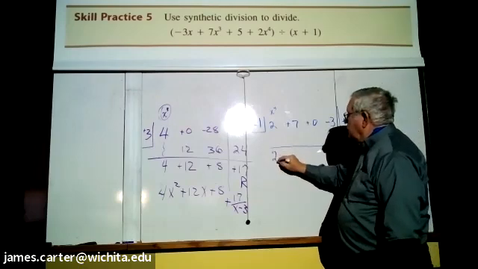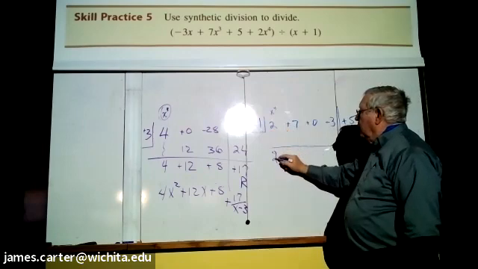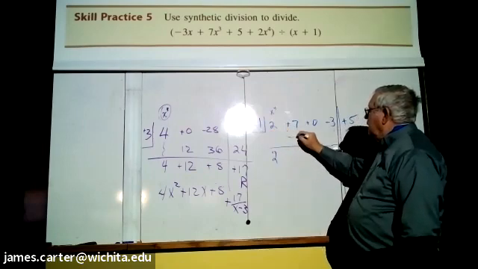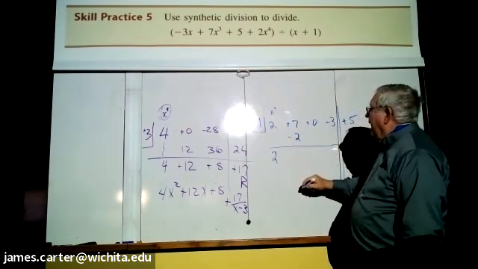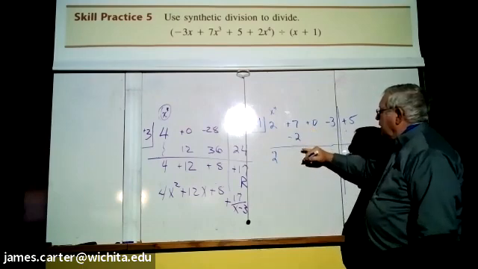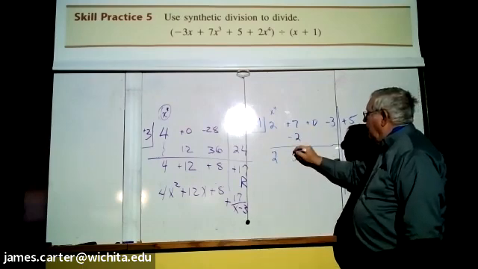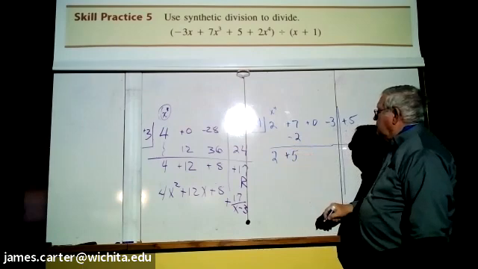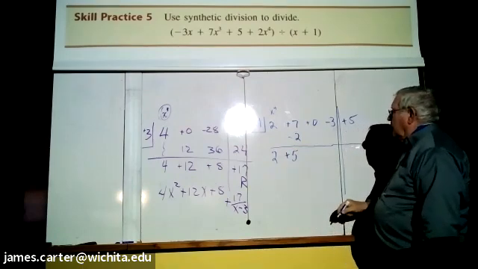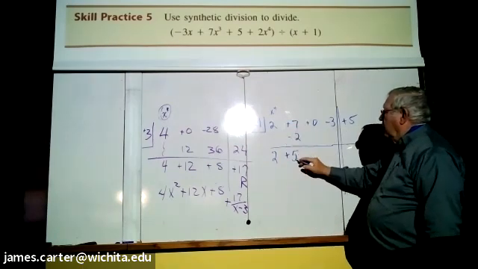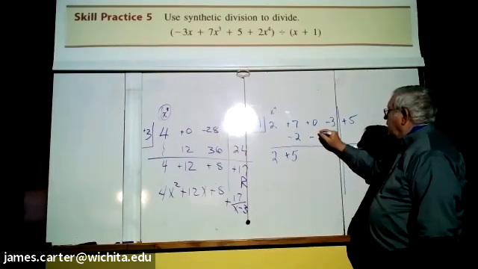So I bring down the 2. -1 times 2 is -2. I add 7 plus -2 is 5, positive 5. Okay. -1 times 5 is -5.